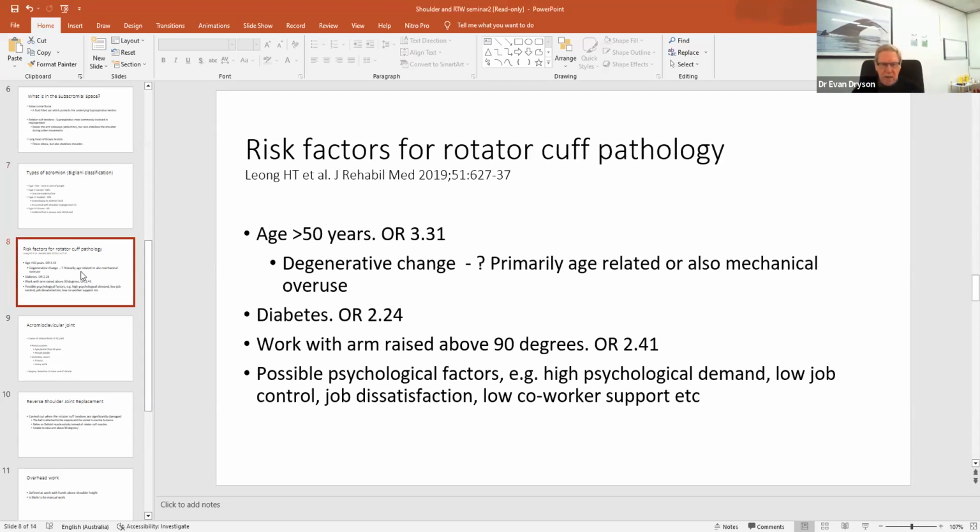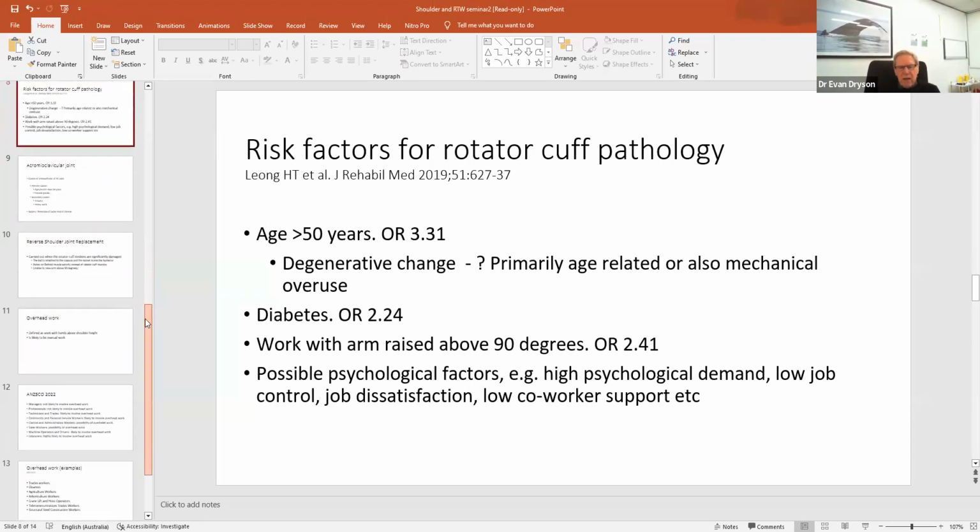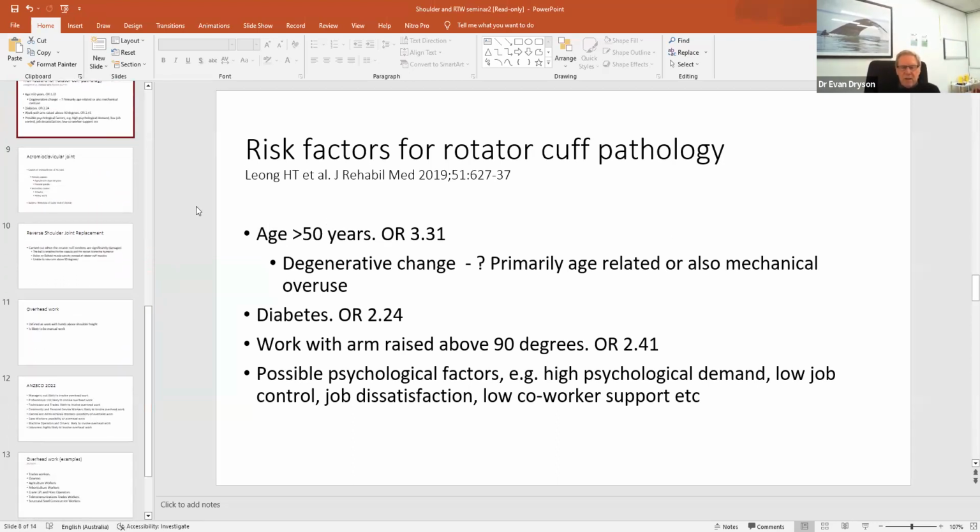So the rotator cuff tendons do age as people age. They become degenerative, they become frayed, they become worn, they get little tears in them. So this particular study, which I'm quoting here, by Leong et al., looked at the various risk factors for rotator cuff pathology.